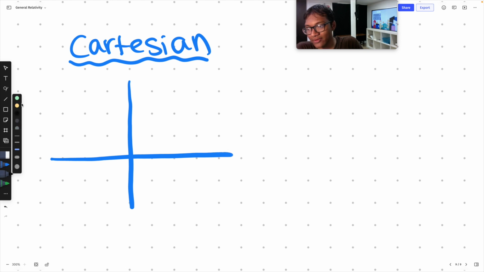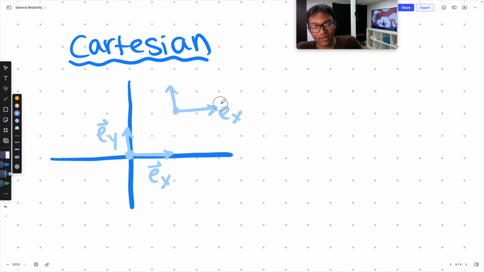It has two basis vectors: i hat, or as I'll call it here, E sub x, and j hat, or E sub y. And the cool thing is that no matter where you go in the Cartesian plane, these two basis vectors are the same length and the same direction.